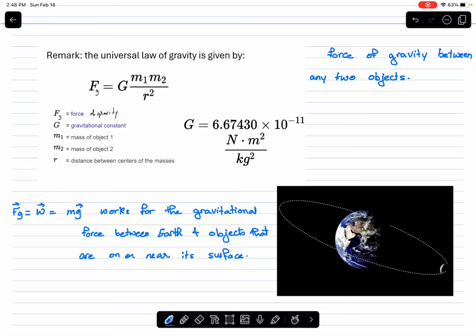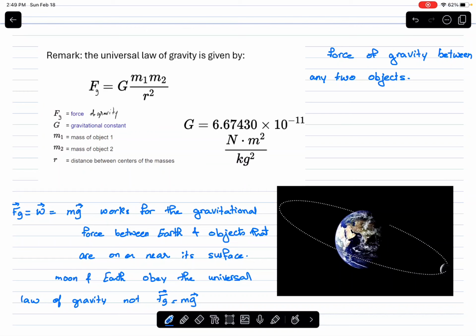So for example, Moon and Earth obey the universal law of gravity, not Fg equals mg.